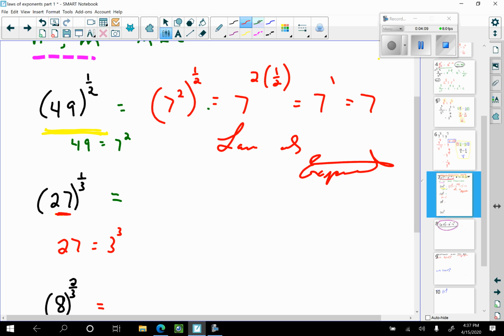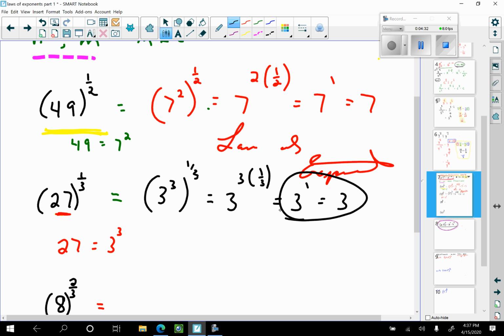Therefore, this expression is going to be 3 cubed to the 1/3 power. Power to a power, you multiply. This is going to be 3 to the 3 times 1/3. 3 times 1/3 is 1. That's 3 to the 1, which is the same as 3. You don't need this step if you want. You just go right to 3.